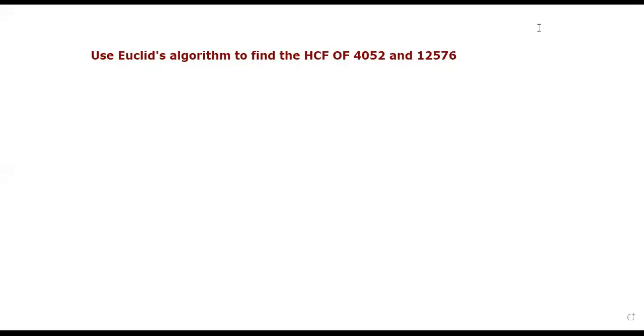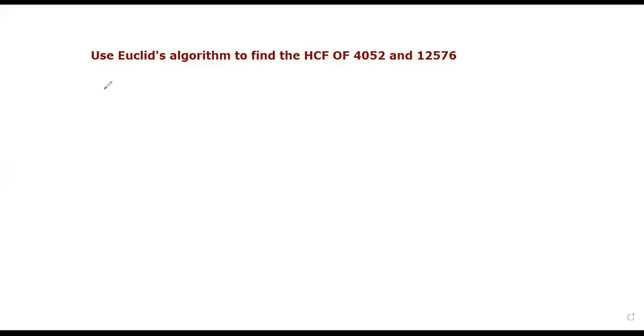So now we will use Euclid's division algorithm to find the HCF of 4052 and 12,576. So this is an extra question. Yes, this is your example 1. Okay, sir.